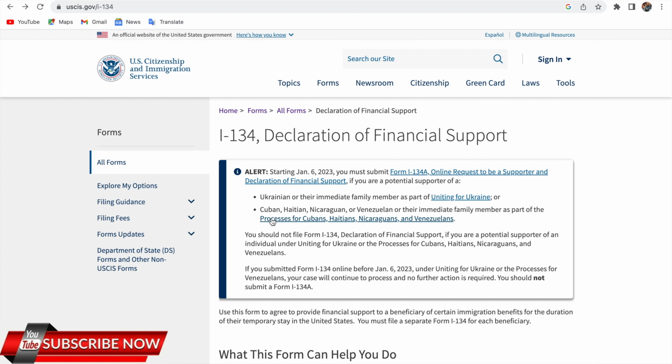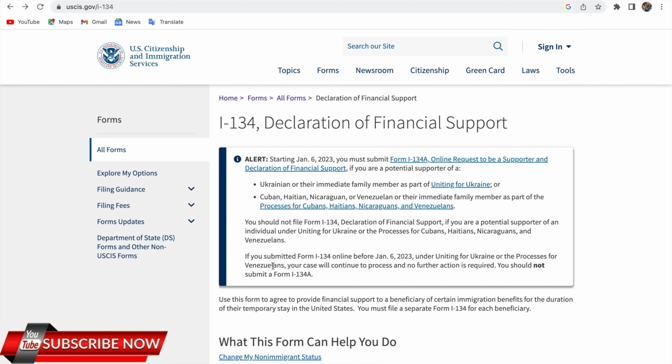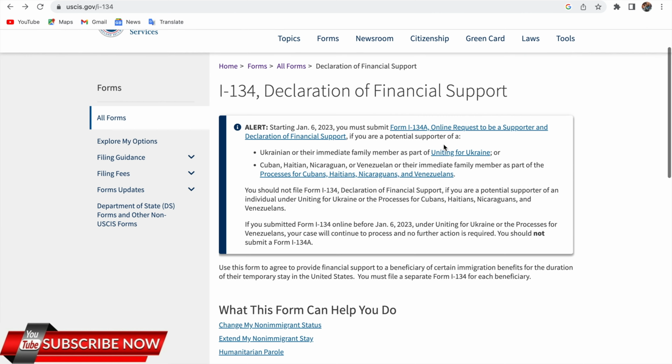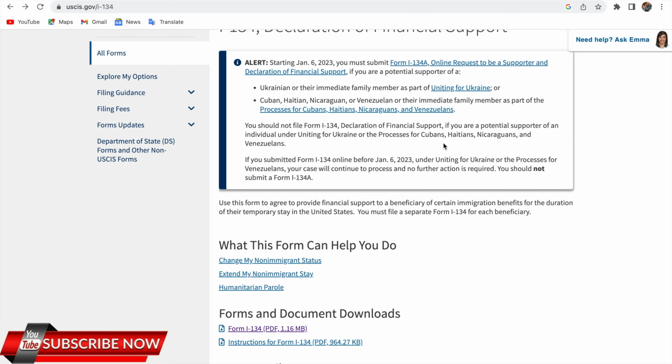On your browser, you just type in USCIS. When you come into their website, you click on Forms, then All Forms, then you type in I-134, Declaration of Financial Support. For this one, it's a paper form, you can't file it online.